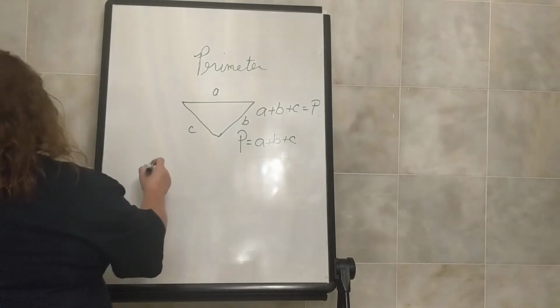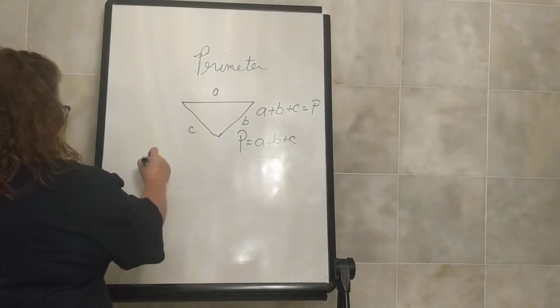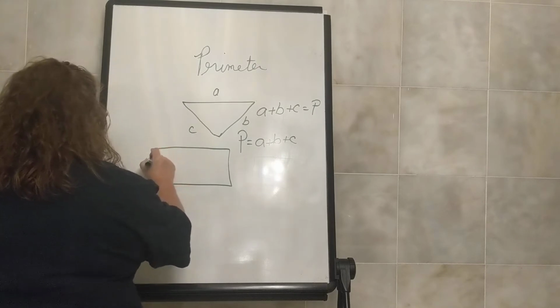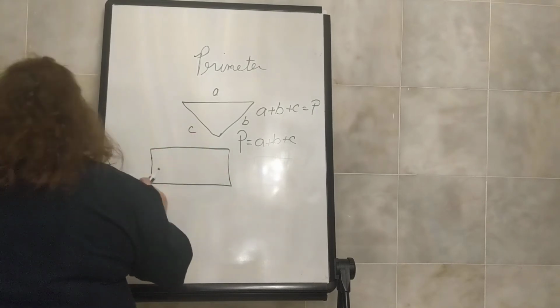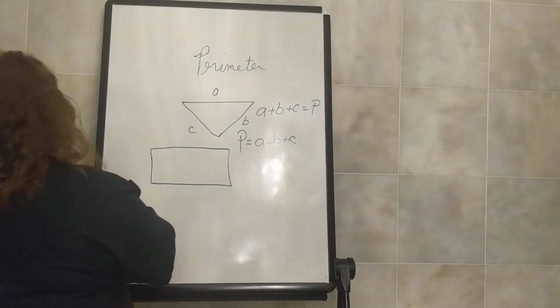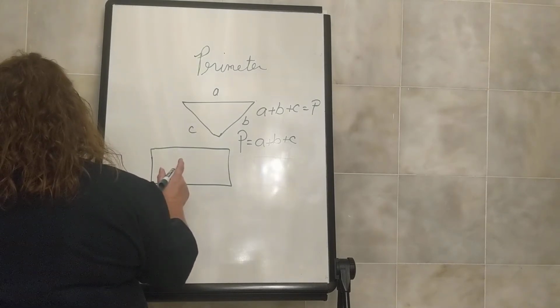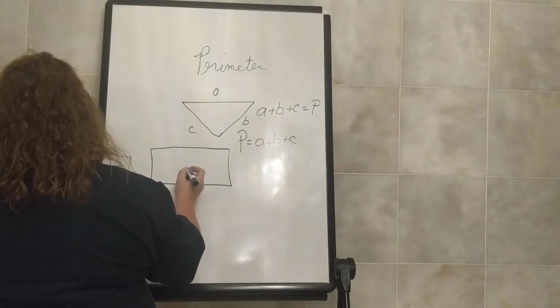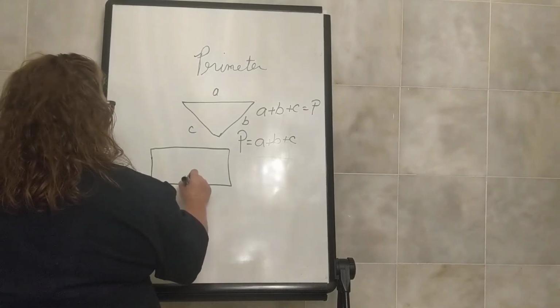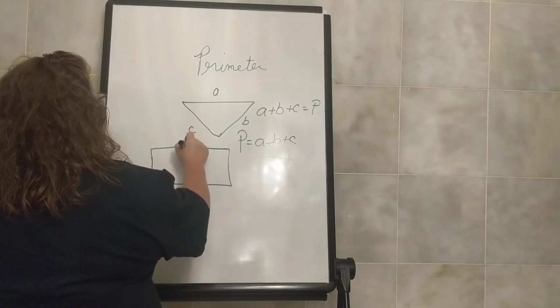Now, to find the perimeter of a rectangle, we know that on a rectangle the opposite sides are not only parallel, but they will be equal in length. So if this rectangle was 4 meters, that obviously would be 4 meters.